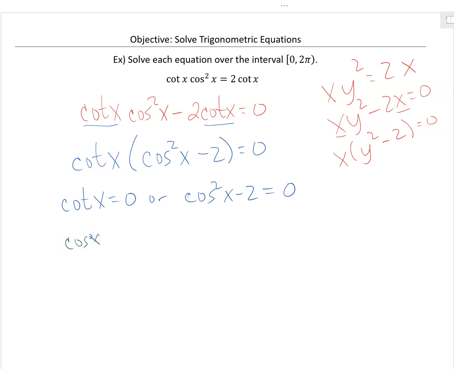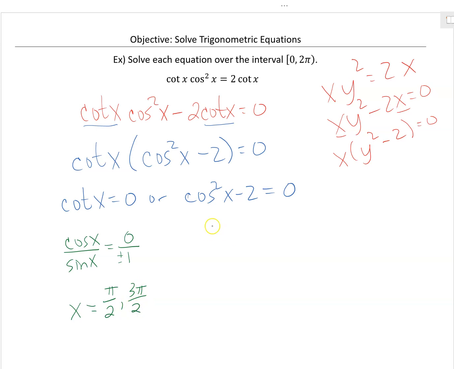Cotangent is cosine over sine. And in order to be 0, then our numerator, the cosine, has to be 0, because there are two places where cosine is going to be 0, and those angles are going to be our quadrantal angles of pi halves radians and 3 pi halves radians, like so.